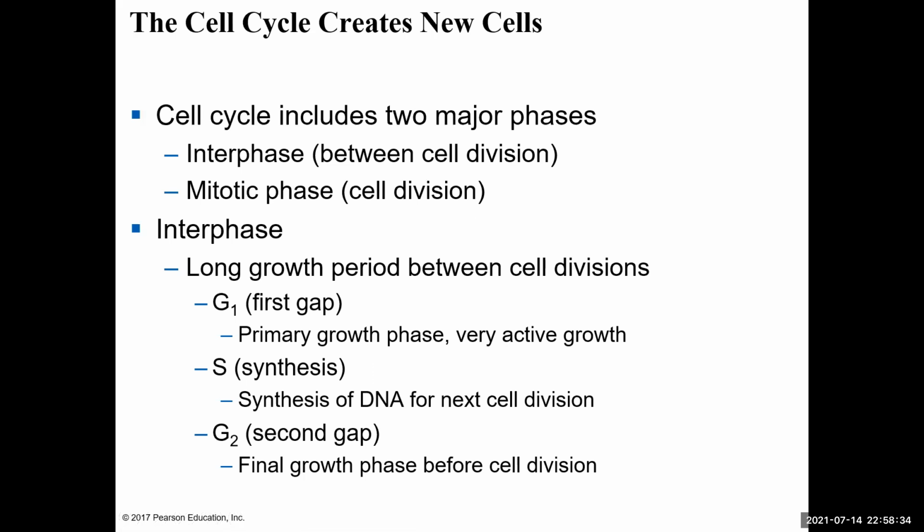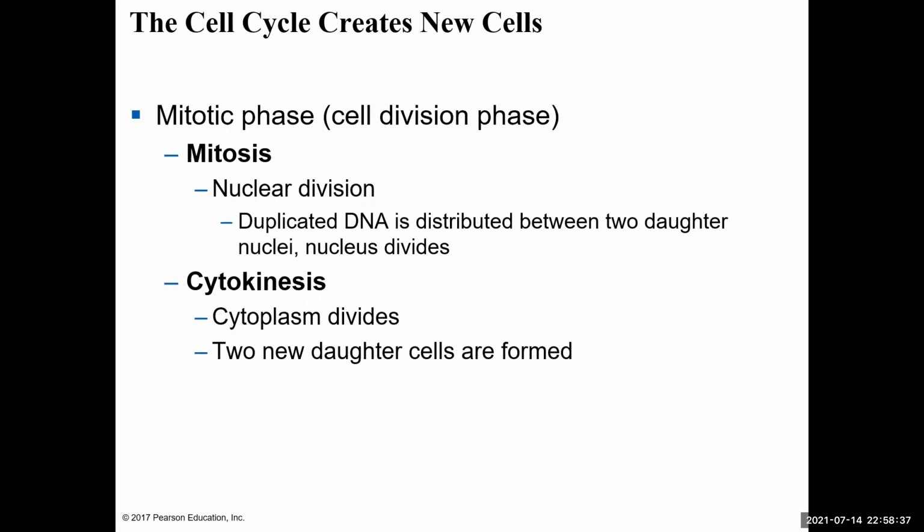Now, when interphase finishes, the cell will go into the division phase, which is known as the mitotic phase or the meiosis phase, depending on, again, the division process. For the mitotic phase, the cell will undergo mitosis.